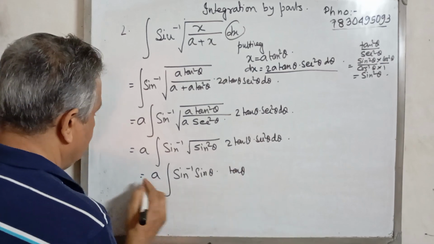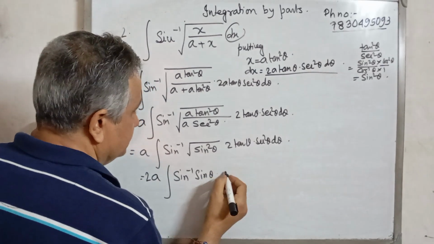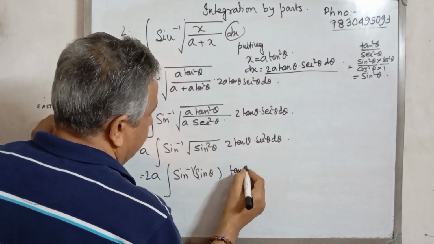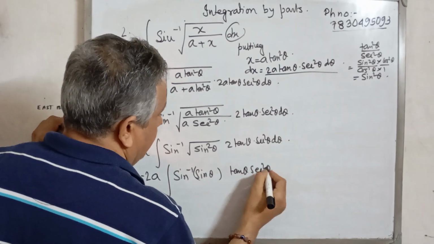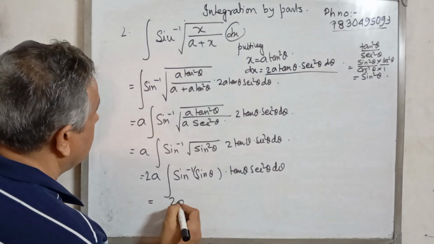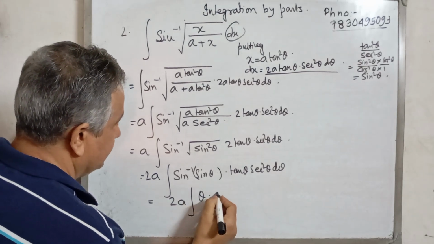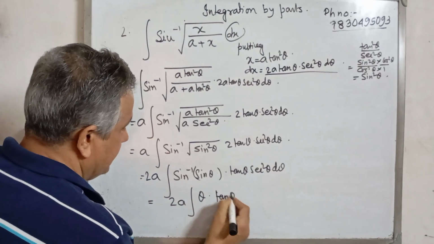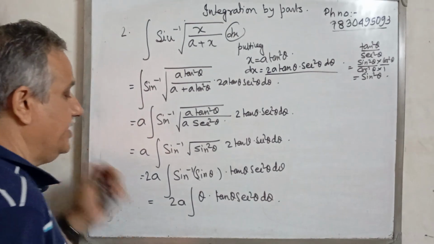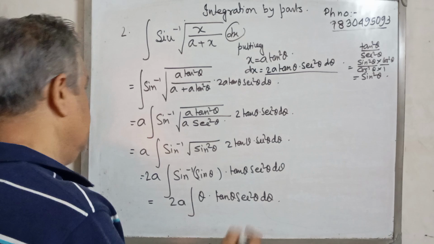Sorry, taking 2 also outside the integration, that is a constant, into tan theta into sec square theta d theta. Now we know sin inverse sin theta is only theta, tan theta into sec square theta. Now we have to integrate by parts.